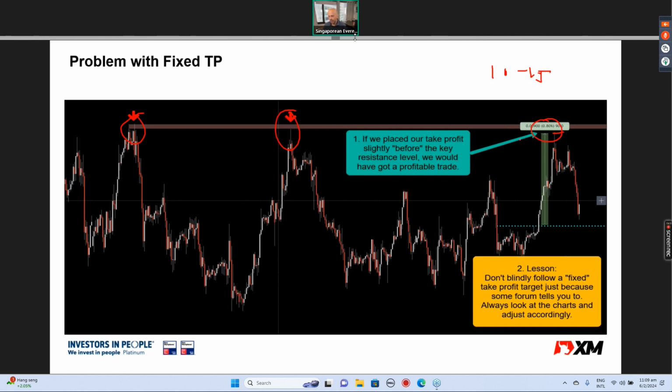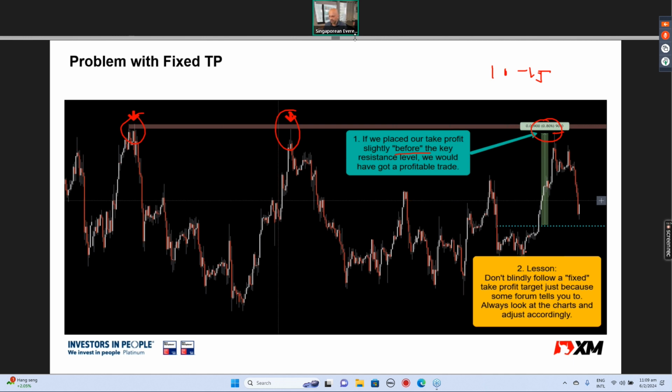So by identifying realistic TP zones or TP levels, we are increasing the probability of a successful trade. And that is why we place our take profit slightly before the key resistance level, to improve the probability of a successful trade.